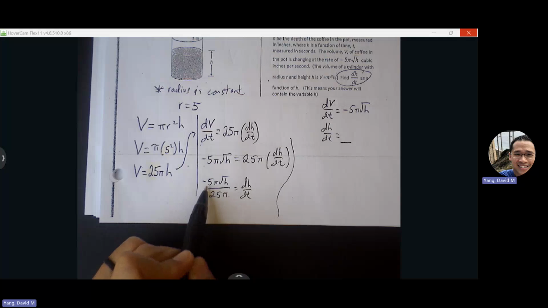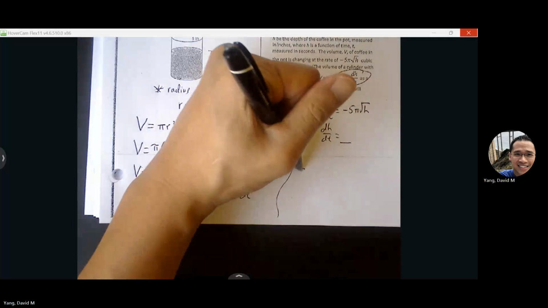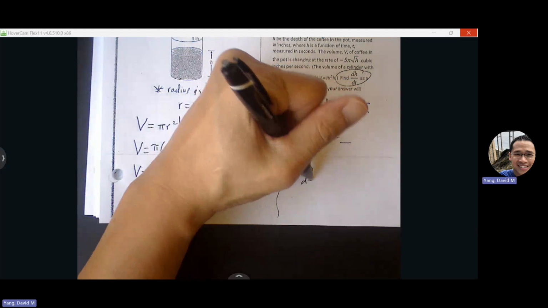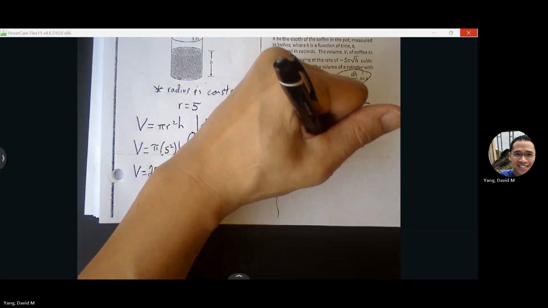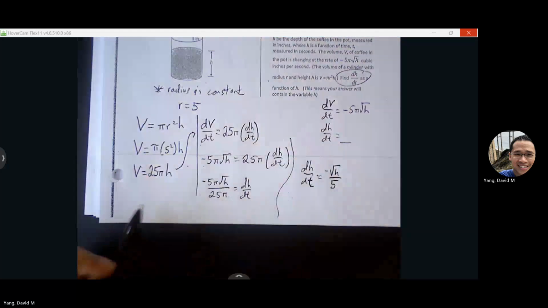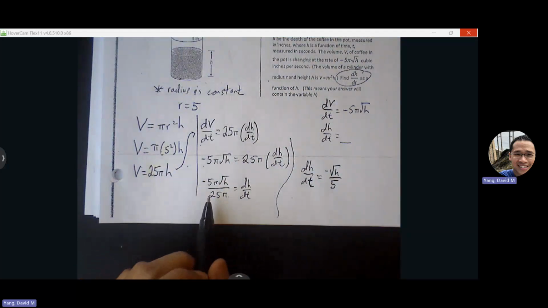Pi's cancel out. 5 and 25 reduces. 5 stays below. I don't have a number to plug in for H because they don't provide that for us. And what's our units going to be?